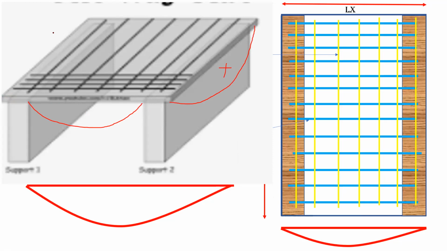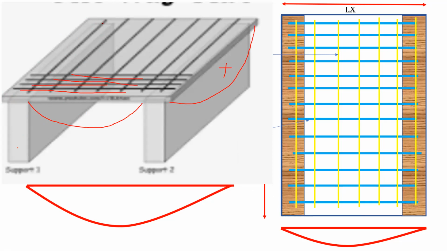Same thing on the other side, there is no bending, because the two supports, support 1 and support 2, are going to stop it. So this slab can bend only in this direction. That is why you can see the bars provided here, the ones which are black in color. These are the main bars, and they are going to stop that bending.